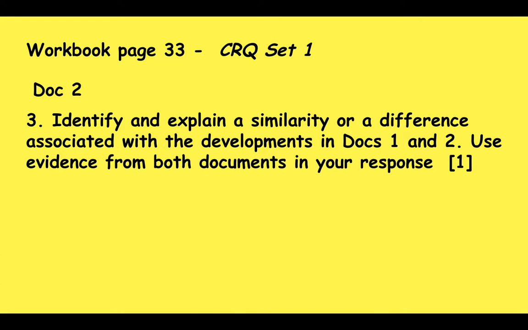I want you to look at both documents, both pictures, and I want you to tell me one similarity or one difference. It does not say to do both. It says a similarity or a difference. So stop the video, look at the images, and type a response, please. Don't forget, you have to use text evidence. So press play when you want to review.